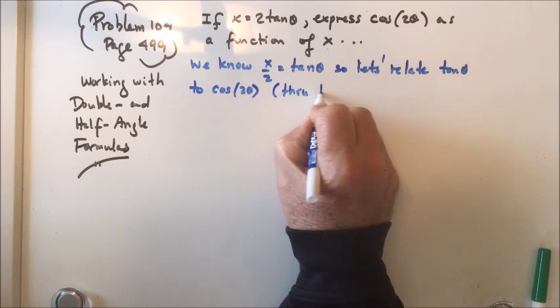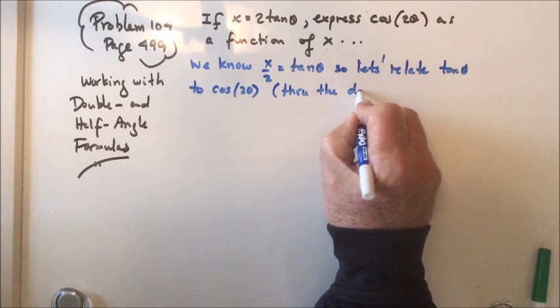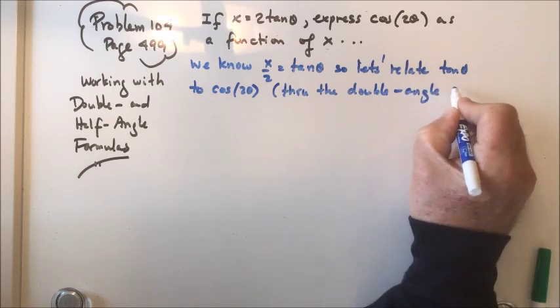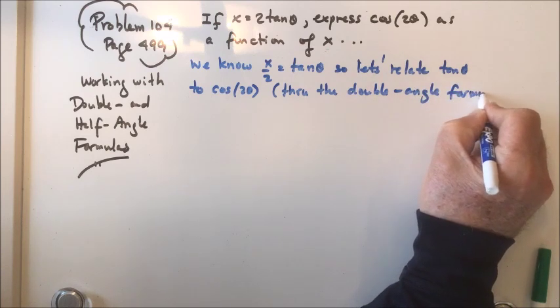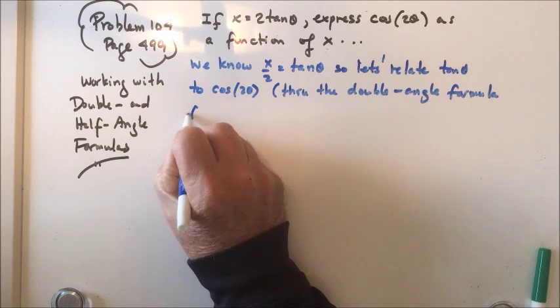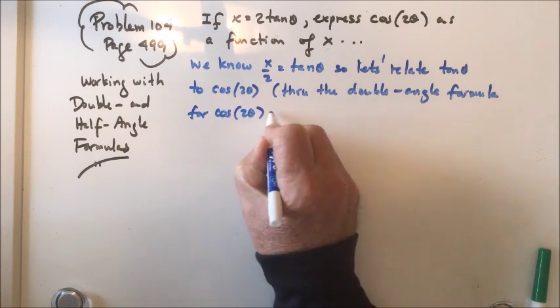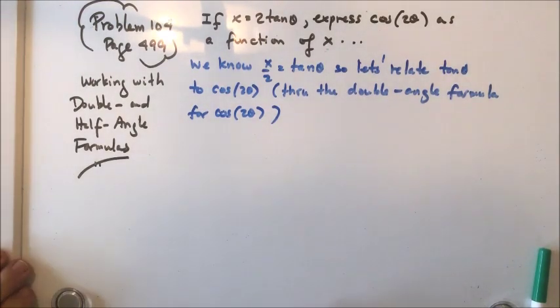Through the double angle formula for cosine 2 theta. Because after all, that formula is in terms of sines and cosines, and maybe we can figure out how to work a tangent theta in there. And maybe that's the first thing we have to do.